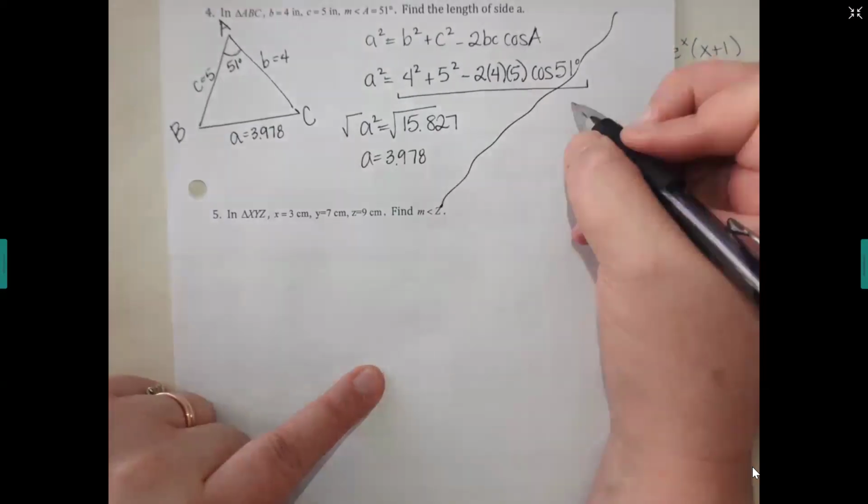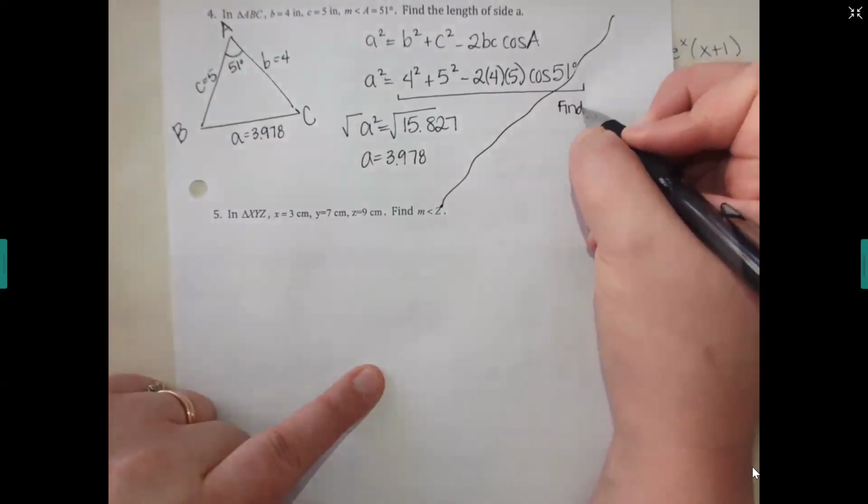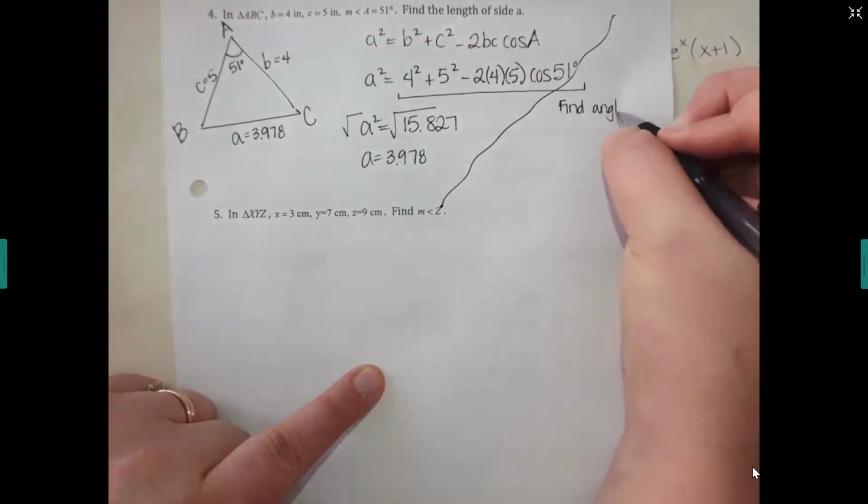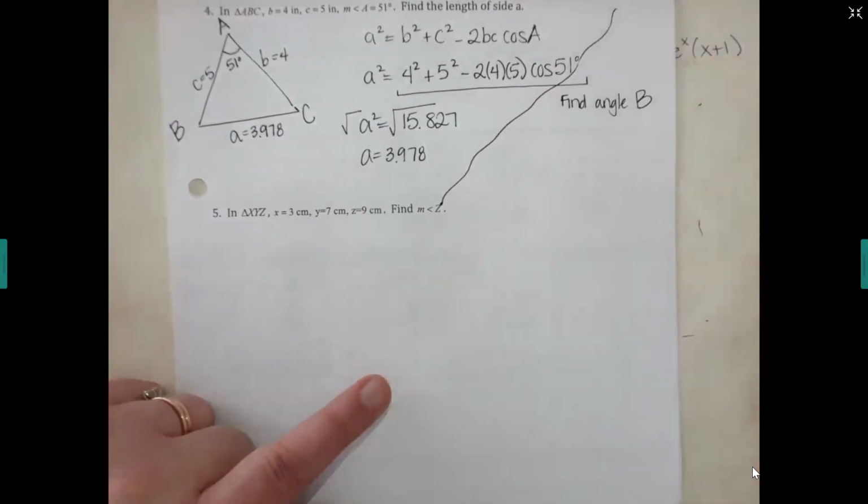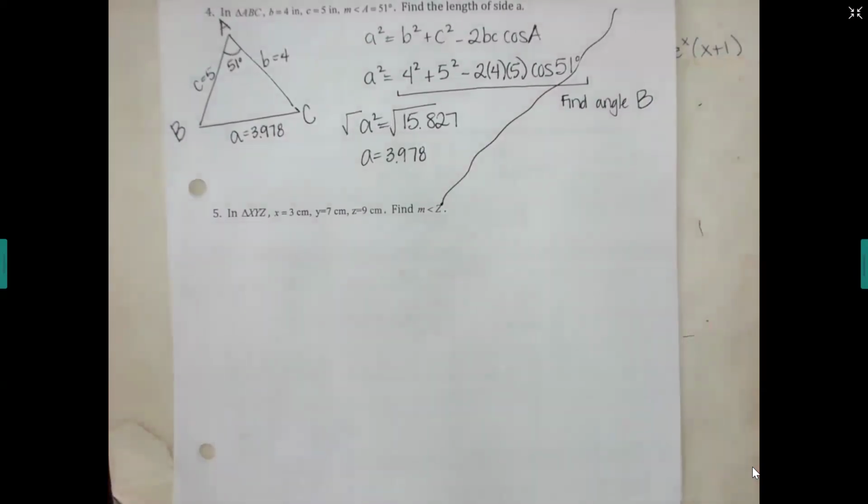Let's say that you're asked to find angle B. Notice I'm using a capital B now. Do I need to use law of cosines again, or do I have partners that would let me do law of sines? Now we have partners.